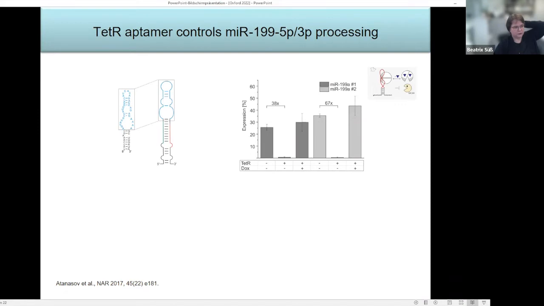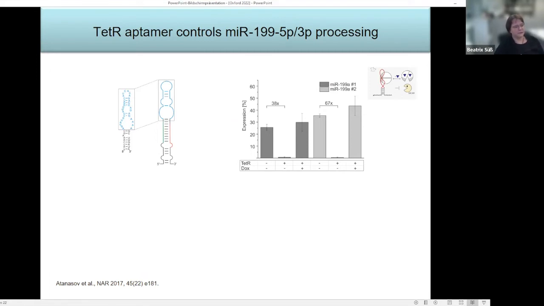And what we could show is that you have here the microRNAs detectable in the construct where we have the precursor topped with our aptamer. And then if we express TET-R, this is the second line here, then we can nearly completely prevent the formation of the mature microRNA.